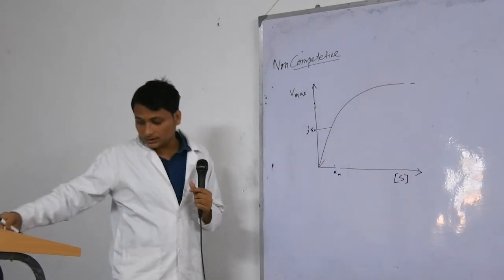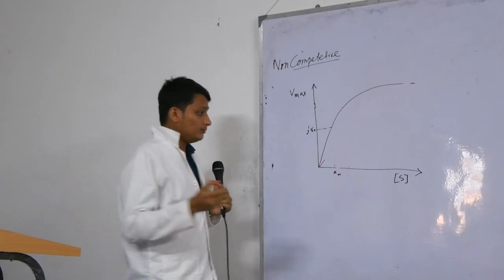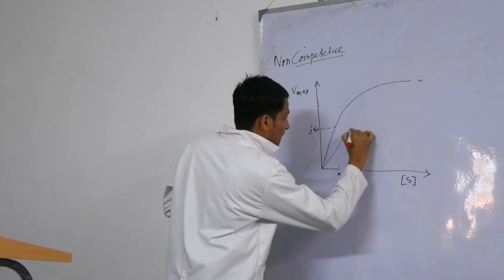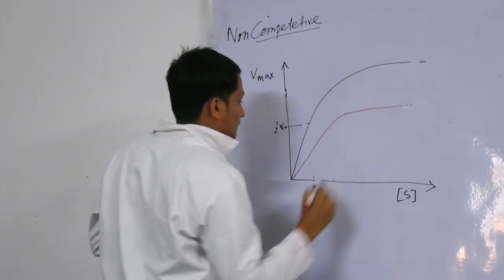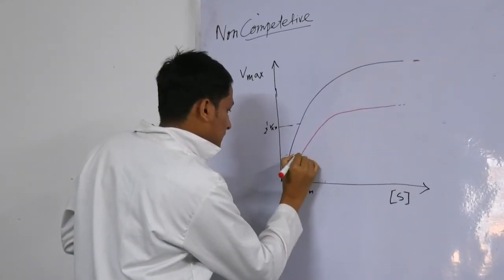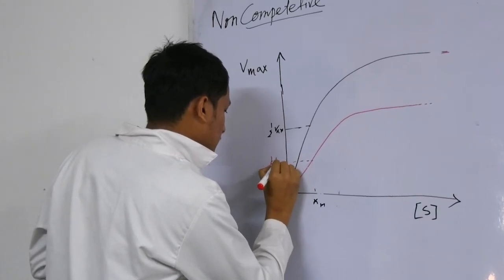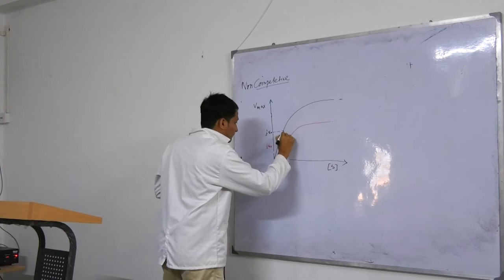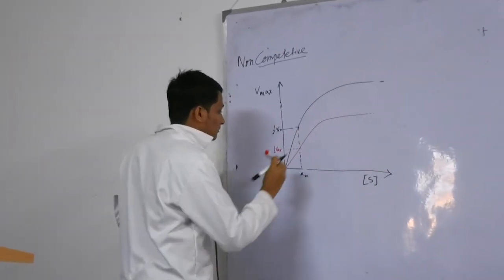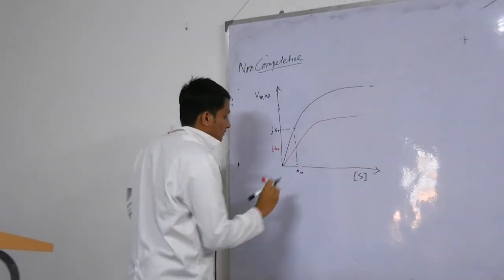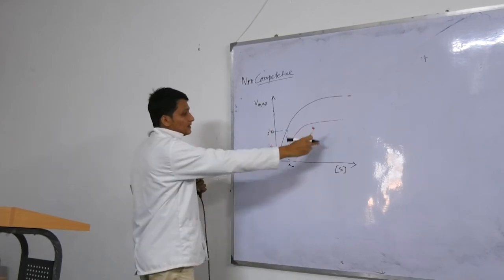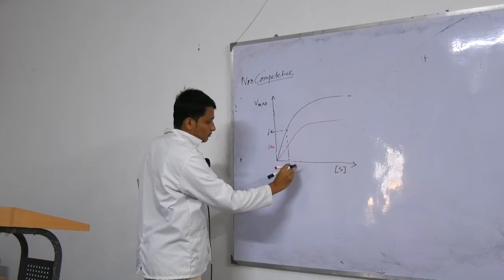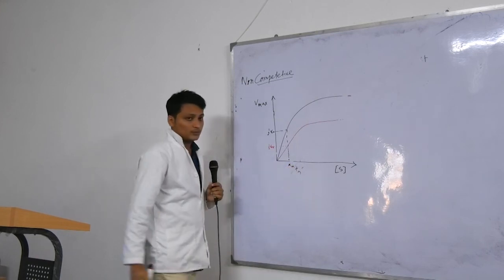In non-competitive inhibition, the graph would look like this type, and this is the half Vmax. Km. So you can see that the Vmax is decreased, but the Km value is the same.